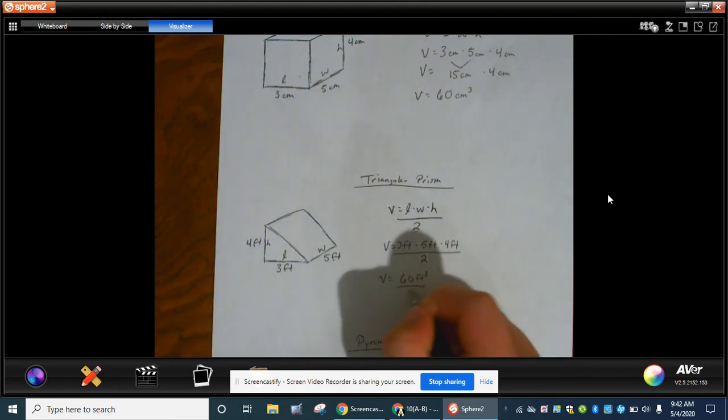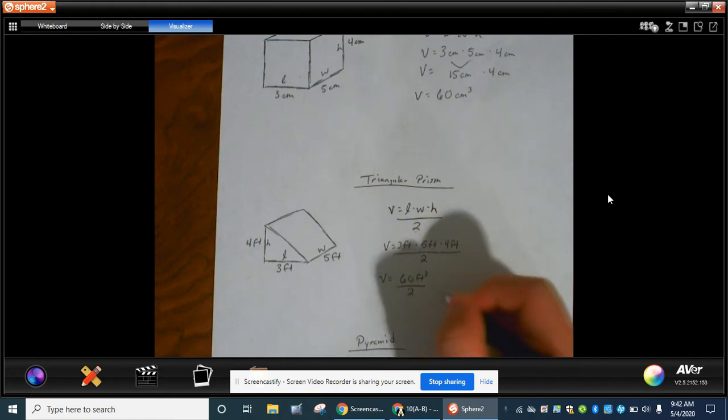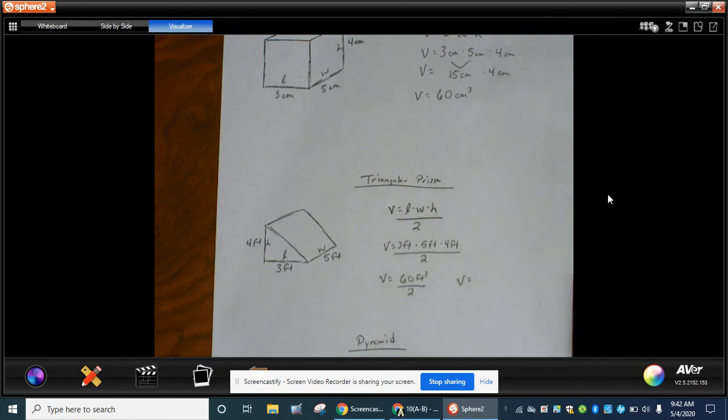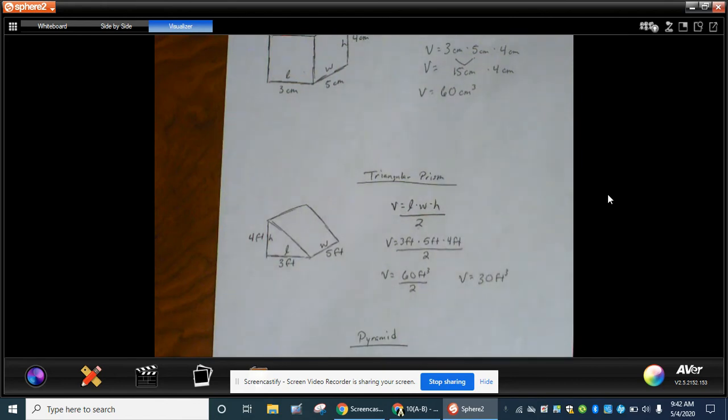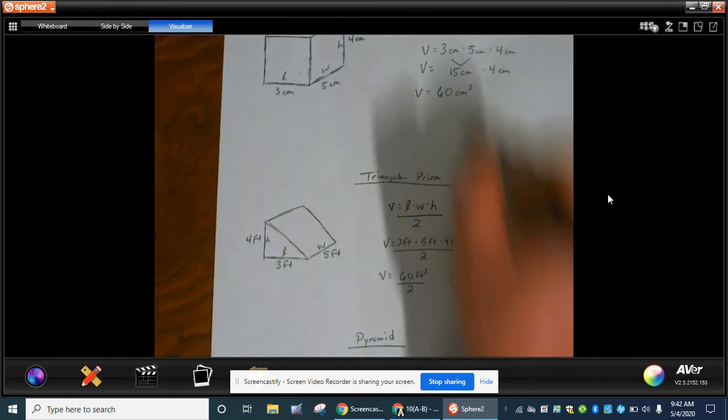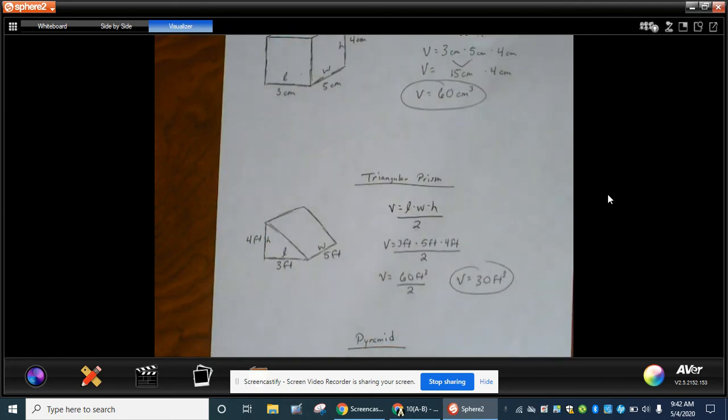And we're going to divide that by 2. So the volume of this triangular prism is going to be 60 cubic feet divided by 2, which is going to be 30 cubic feet. Circle our answers, that way we are not confused of which is which. All right. Now, pyramid.